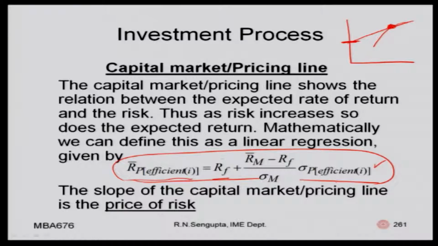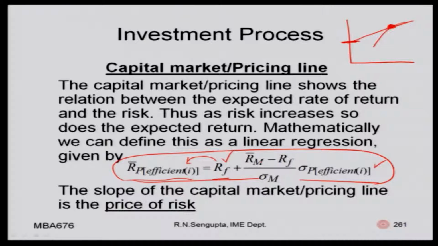One is the risk free interest rate, or if you take it to the left hand side, it gives you the excess return. So, the excess return of the portfolio or asset would be equal to the excess return of the market multiplied by a ratio, the ratio of the risk of the portfolio and the risk of the market.